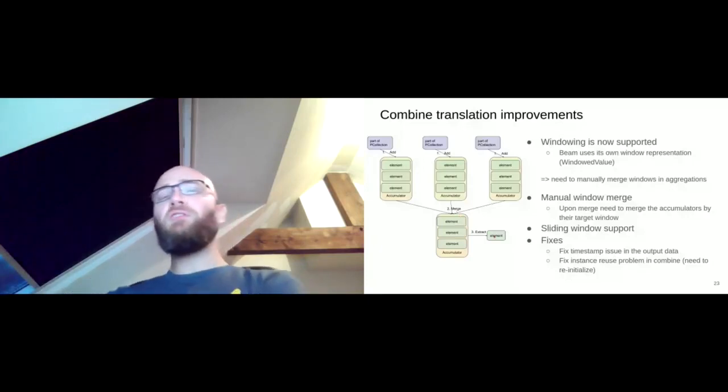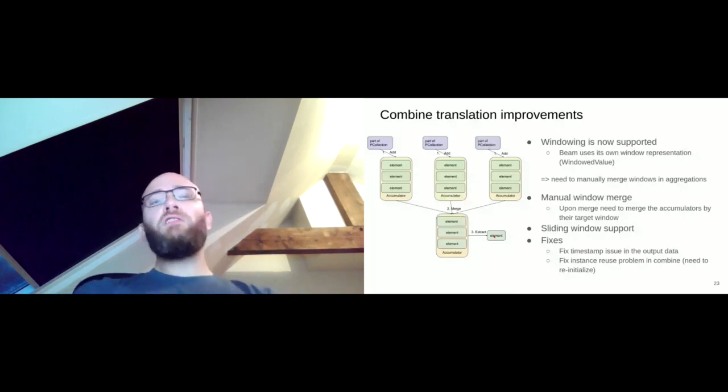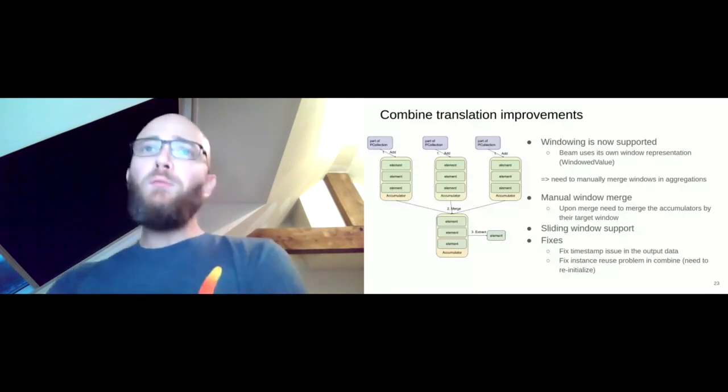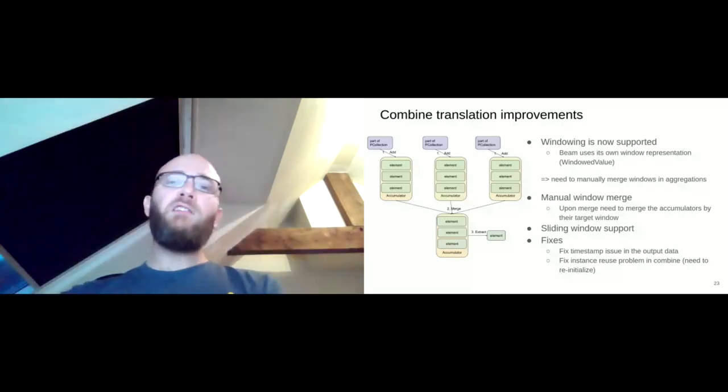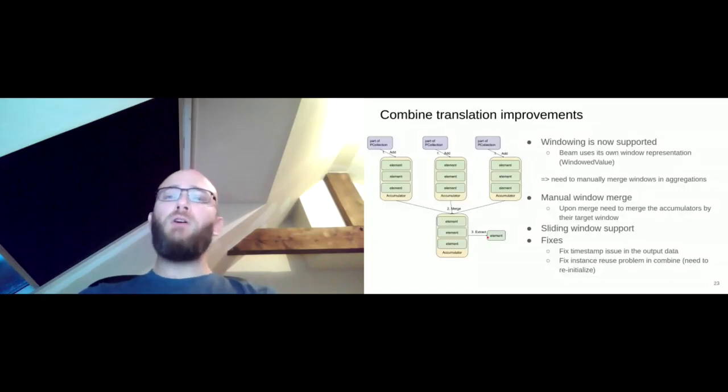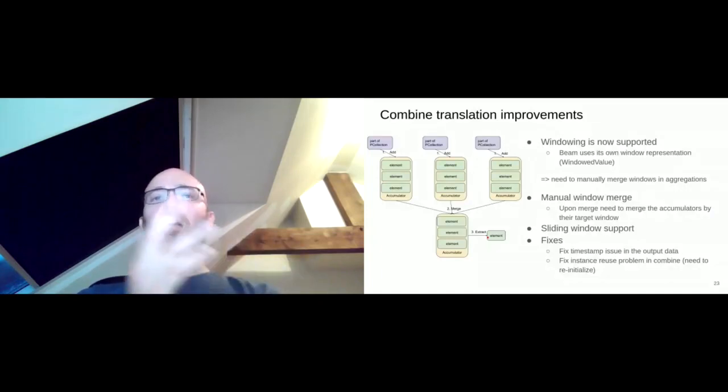What's important is that you saw in the introduction that we have complex windowing. For that, we cannot rely on Spark windowing. We use our own windowing with the windowed value that you saw in the logs, that contains windowing information. As a consequence, when we merge the data in the accumulators, we need to merge by the windows. So we need to merge the accumulators by their target windows, and the data as well.